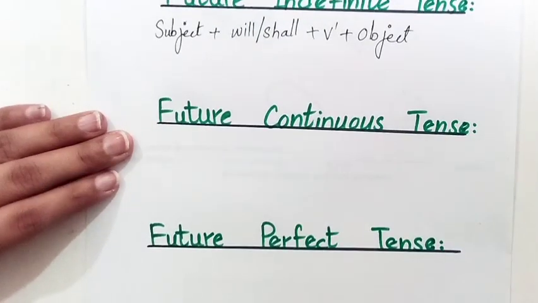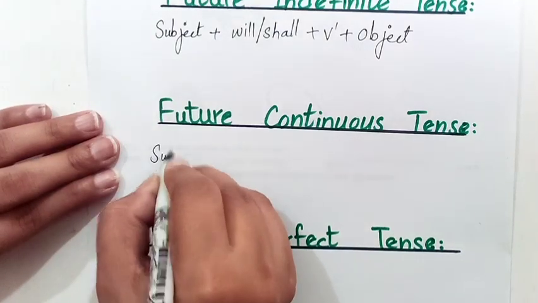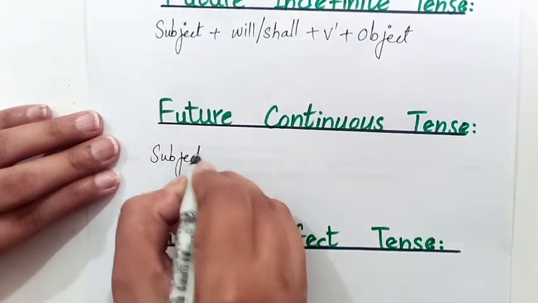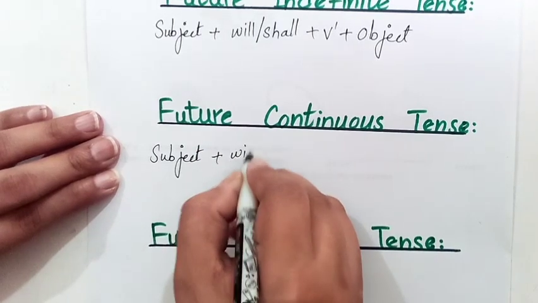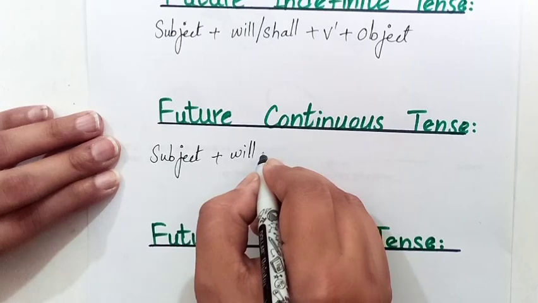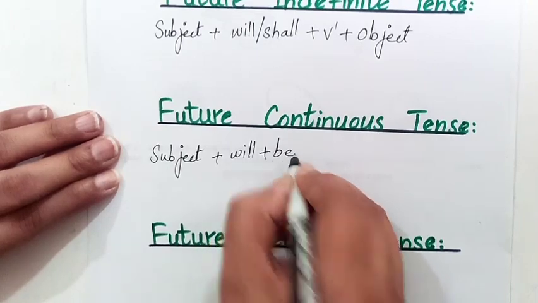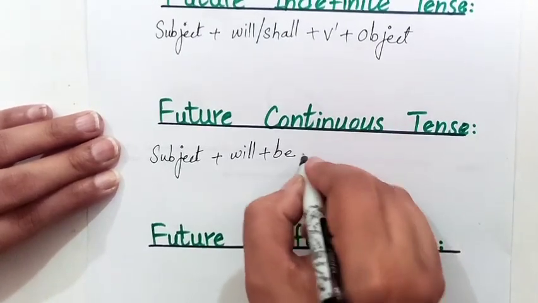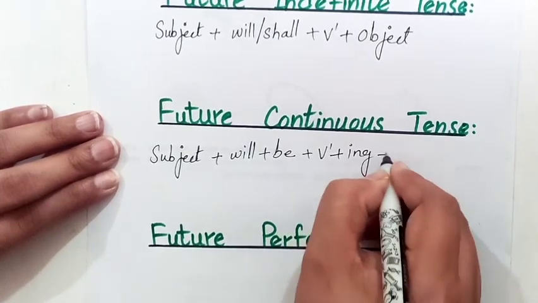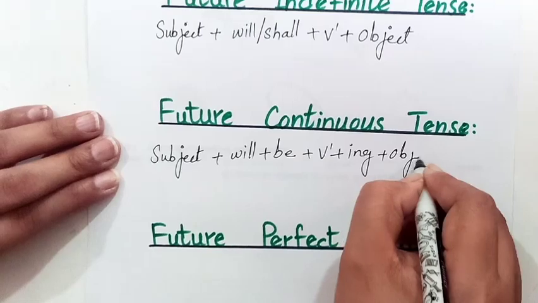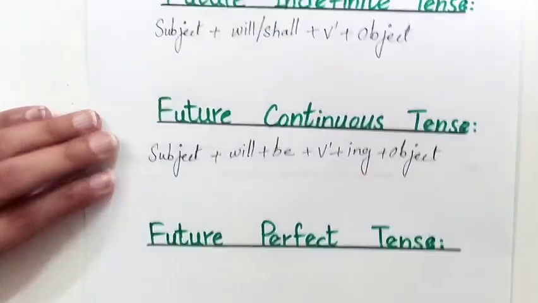Now we will add the formation of future continuous tense. The formation is subject plus will plus be plus V1 plus ing plus object.